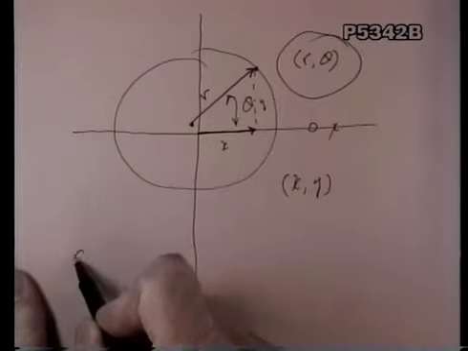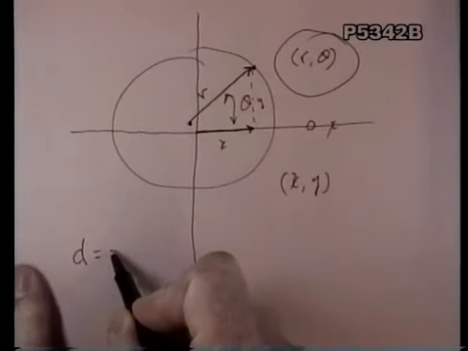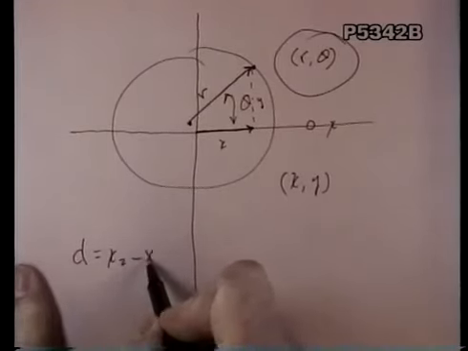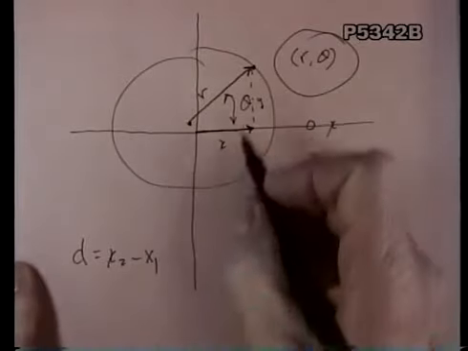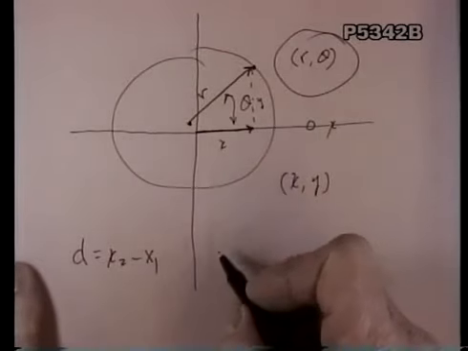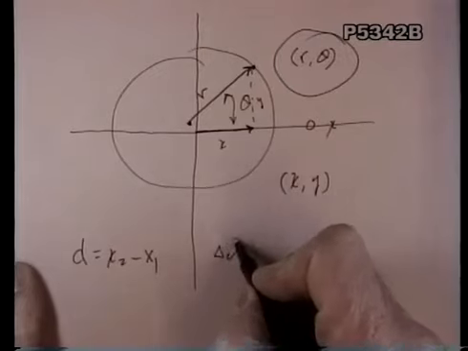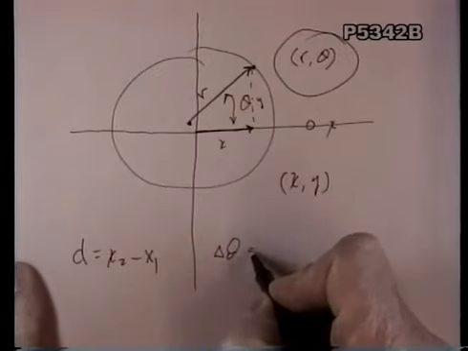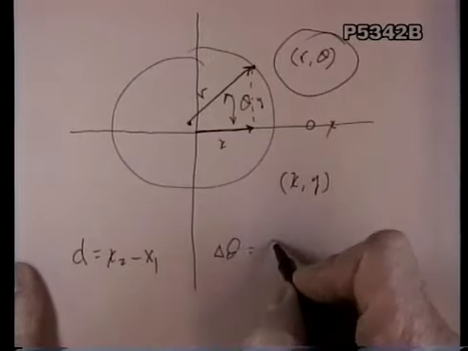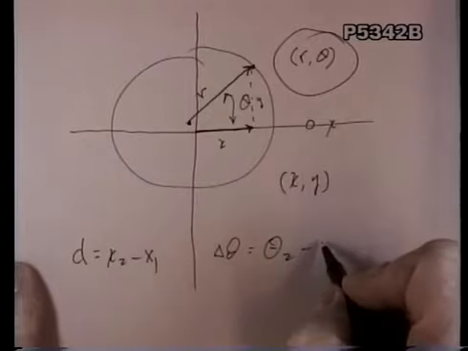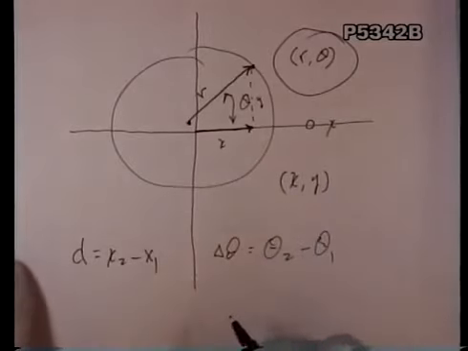So we say angular displacement then is going to be the change in the angle. Just like linear displacement, if I look at linear displacement is equal to x2 minus x1. In this case, the angular displacement, which we call delta theta, the change in angular position, is theta 2 minus theta 1.